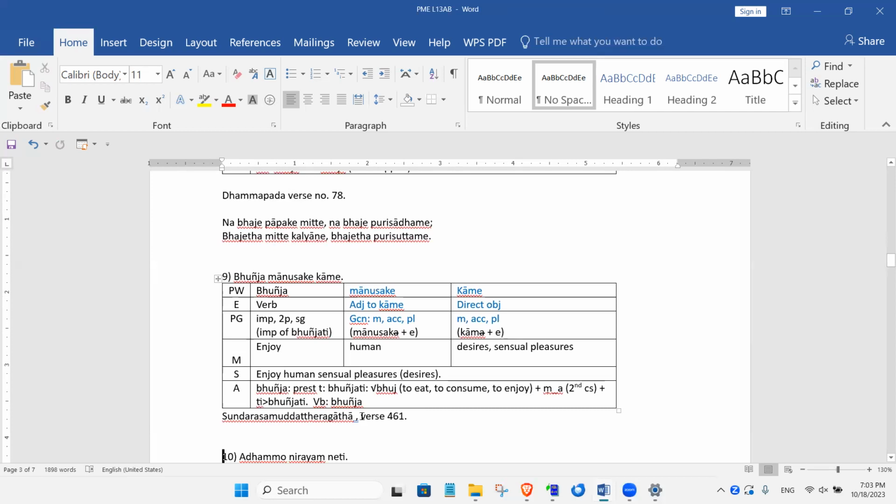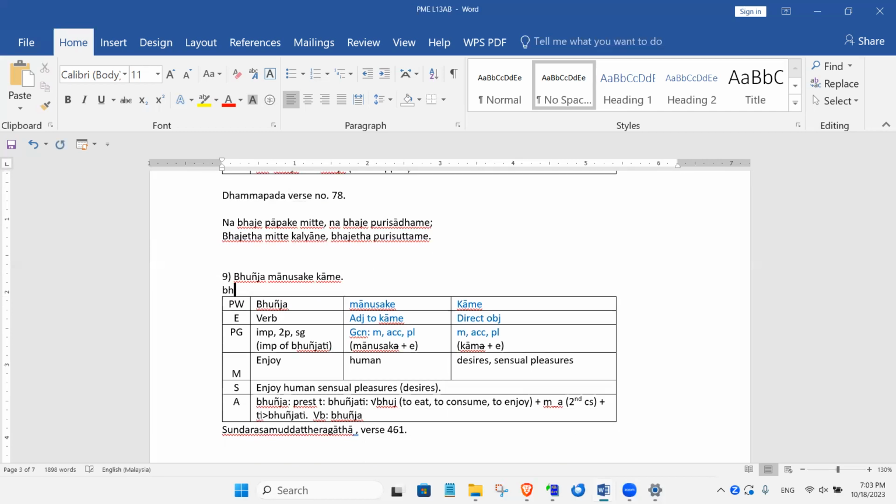Now next one is also from the Theragatha, elder verse 461. So this is very common. Bunja. Now you can see a lot of imperative here. Second person singular, right? Bunja means from the bunjahi. All right. Imperative second person singular. You enjoy.